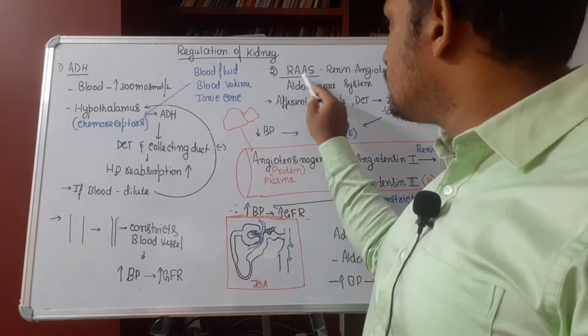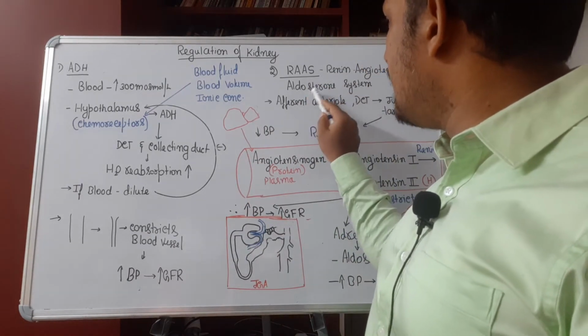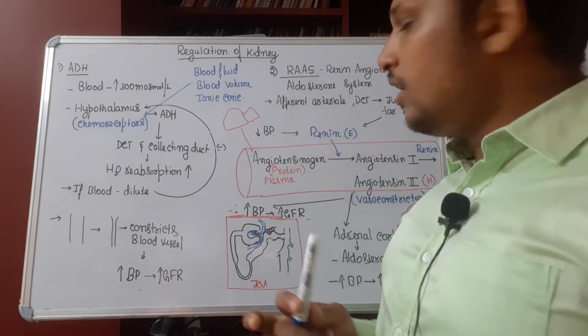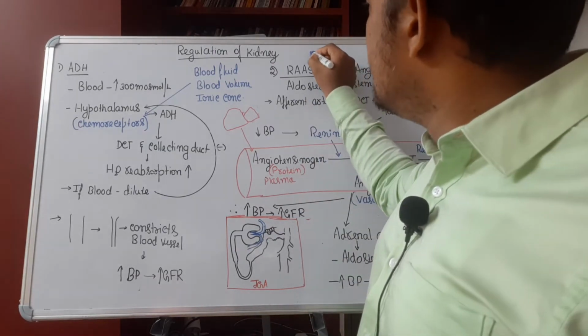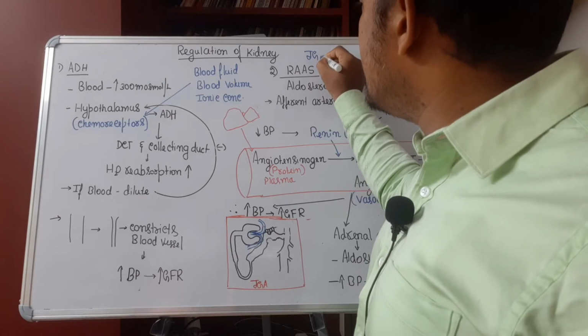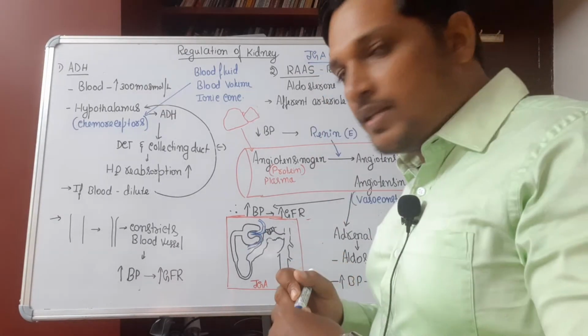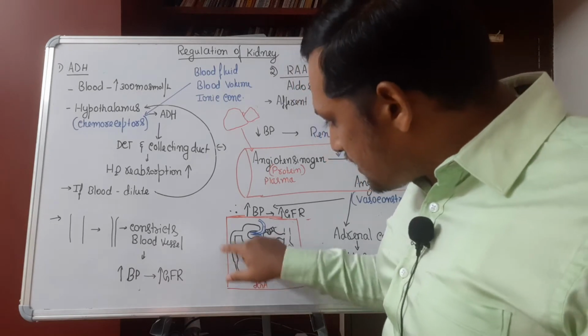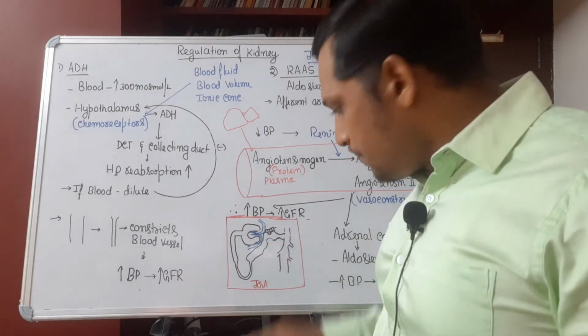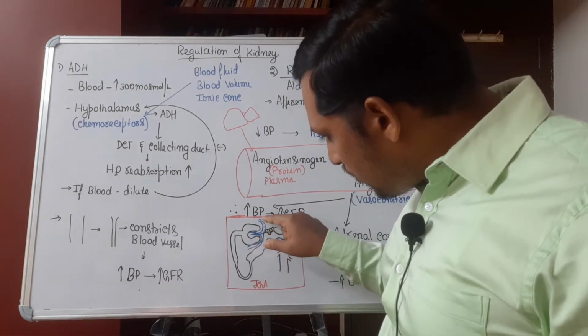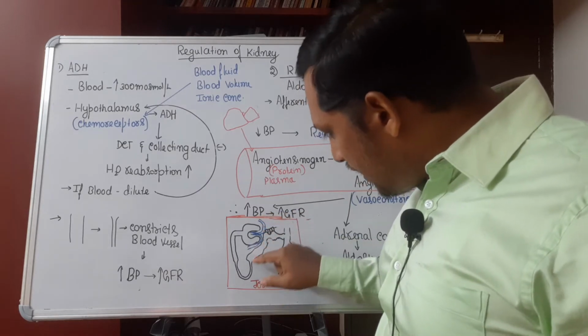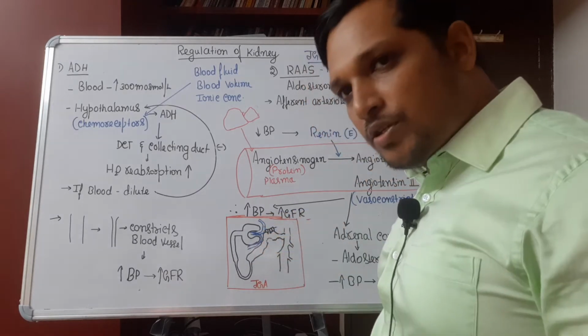The RAS pathway refers to the renin angiotensin aldosterone system, or as mentioned in the NCERT, regulation by JGA cells. What are JGA cells? Let us understand. This is the diagrammatic representation of the nephron. The nephron has the afferent arteriole and the distal convoluted tubule.